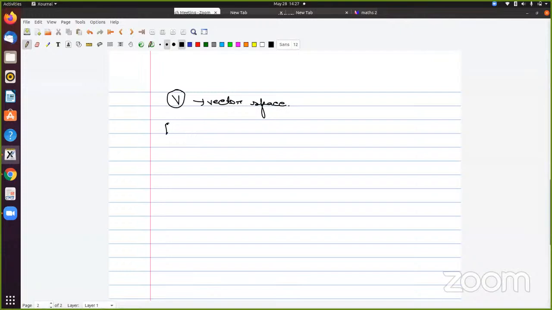Now the definition of a basis. I am starting with the definition, then I will come to the motivation of why we are doing that. The definition of a basis is a subset of V, so S is a subset of V, such that S spans V and S is linearly independent.